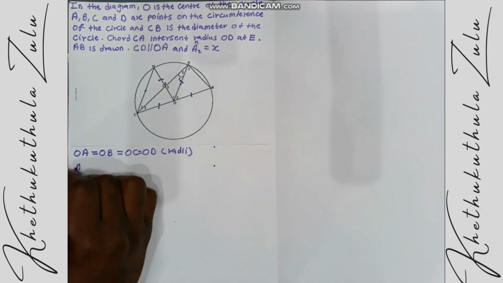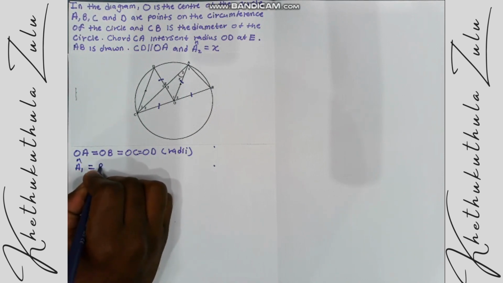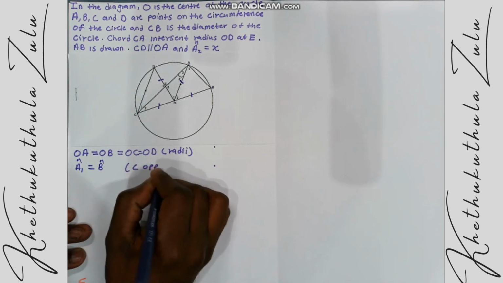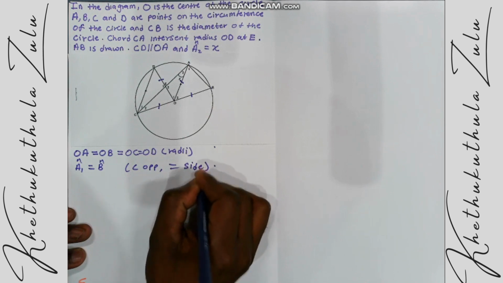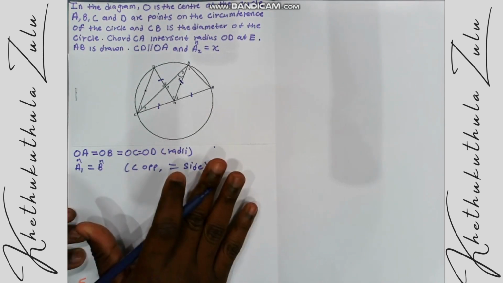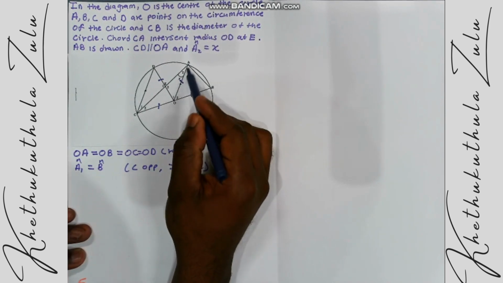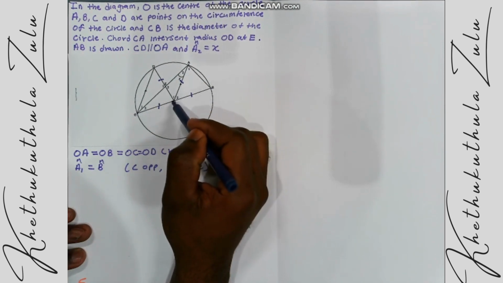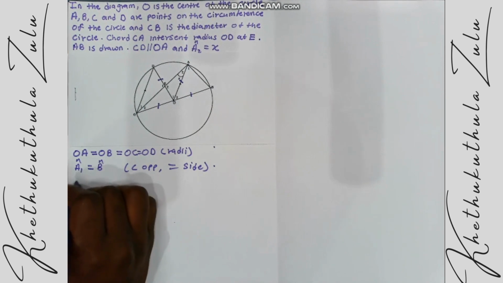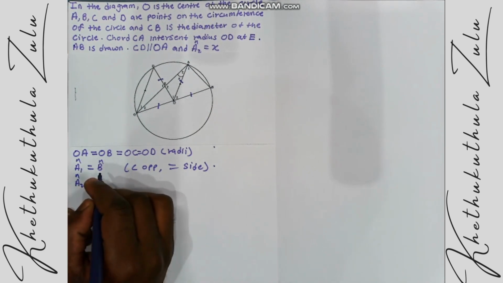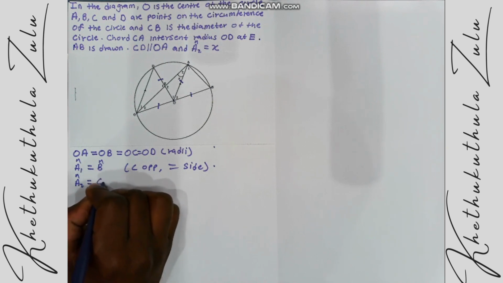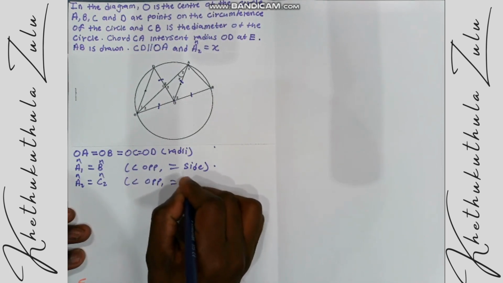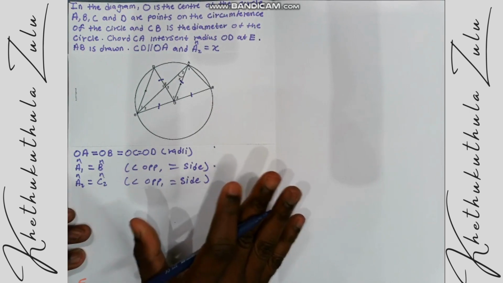It means that angle O1 is equal to angle B: isosceles triangle, angles opposite equal sides. Again, in this triangle, OC and OA are my radii, meaning angle O2 is equal to angle C2: angles opposite equal sides. We are analyzing a diagram. We haven't answered any question.